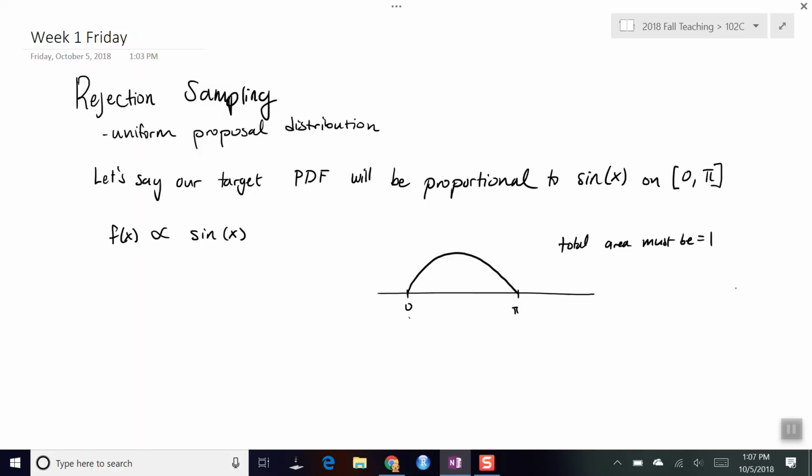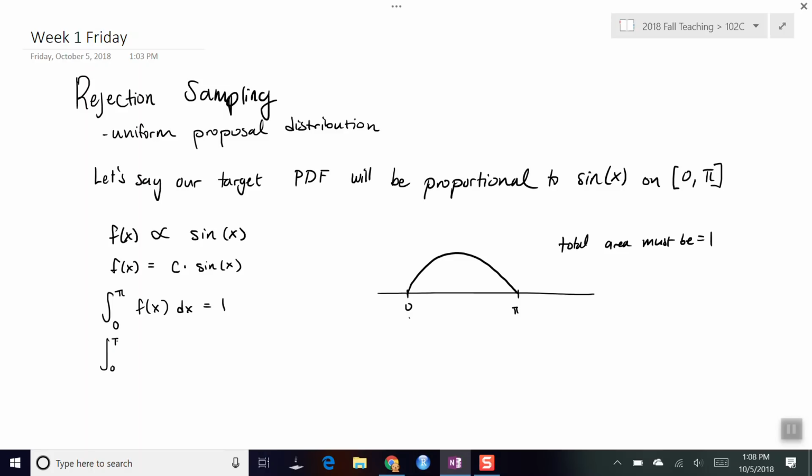So if we say f of x is equal to some constant c times sine of x, then the integral from 0 to pi of f of x dx has to equal 1.